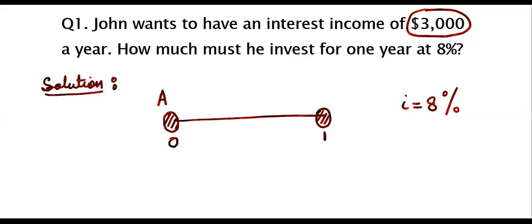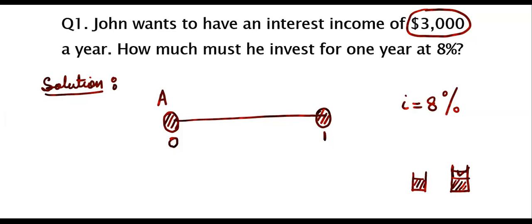Here you must know what interest income is. Suppose I deposited this money and after some years, here 1 year, my final value increased to this. So my income is this. This is the extra amount I got because I deposited money in the bank or in any financial institution.